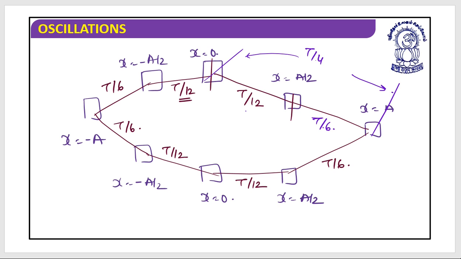So this is the complete circle. Basically what we have done is we have divided our motion into 8 segments. Look at this: first, second, third, fourth, fifth, sixth, seventh, eighth. So we have divided our motion into 8 parts, and then we have calculated the time required to travel each part.